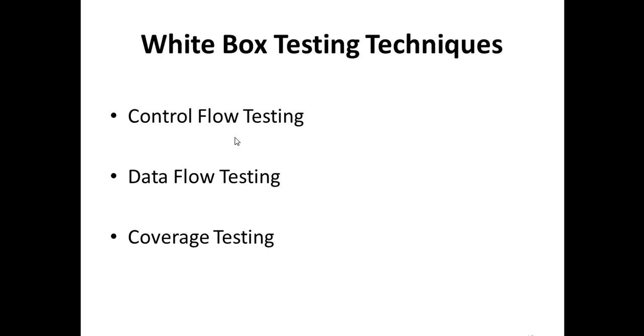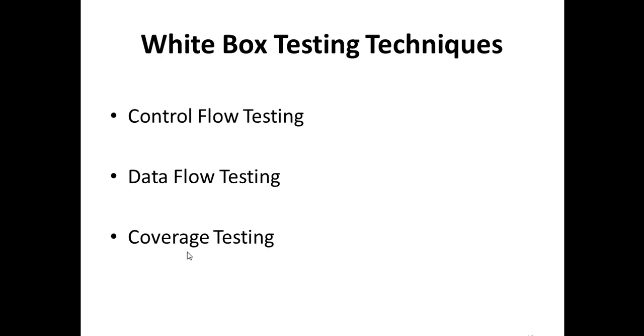Then you have coverage testing. Coverage testing is a sort of testing wherein you try to achieve maximum coverage, meaning the maximum number of lines that you want to touch and execute. Let's say you have software with 1000 lines of code. In coverage testing you design your test cases in such a way that the maximum lines of code will be evaluated and executed.